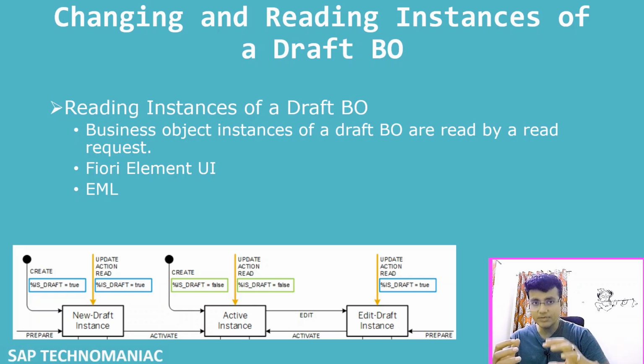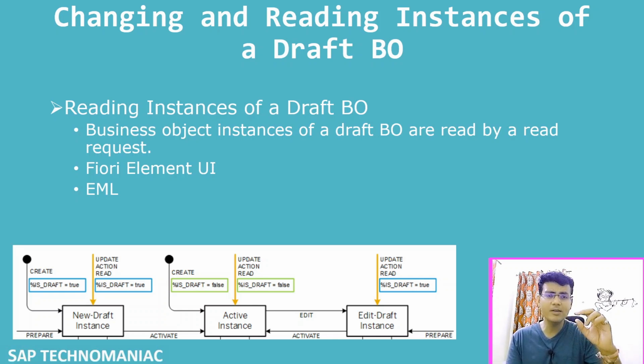Not only the draft data, it will read the non-draft data as well, and it will keep it in the transactional buffer, which is applicable for the next operation. And via EML, if you pass is draft equal to false, it will read the active data. If you pass is draft equal to true, it will read the draft data.